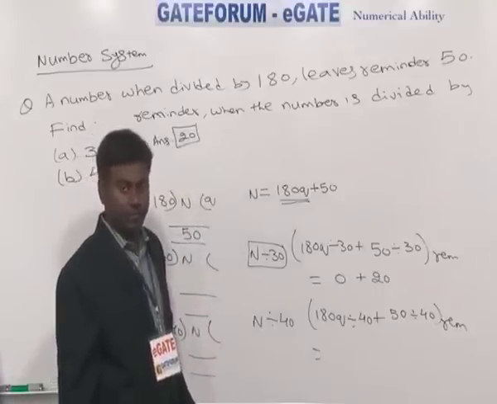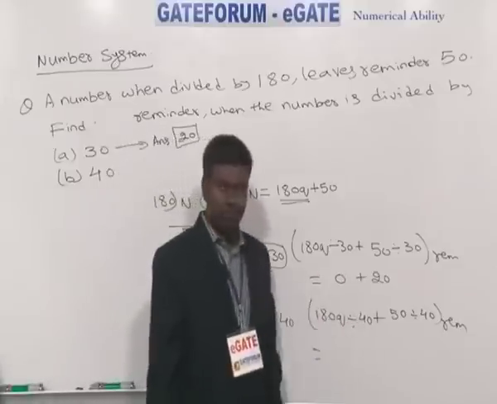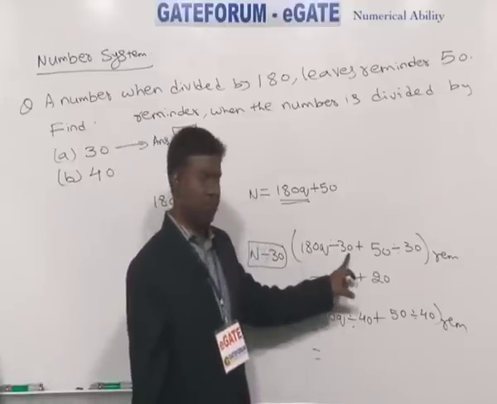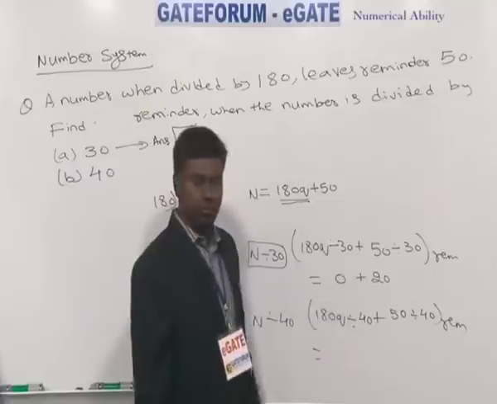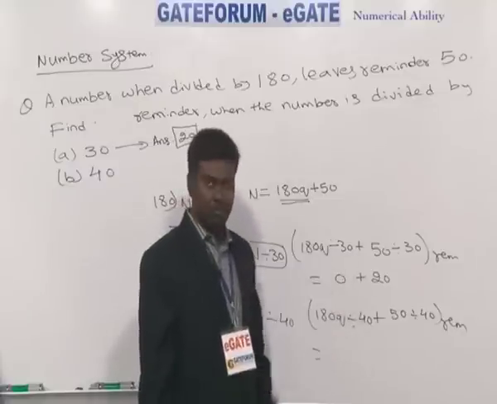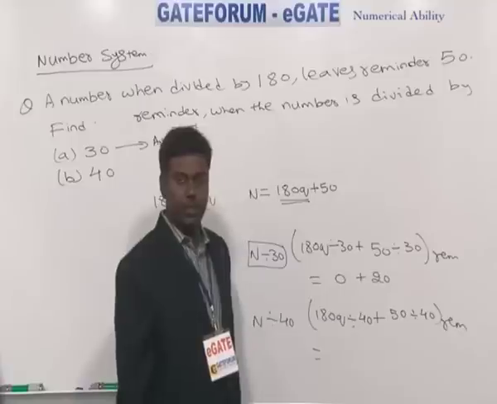Can't say. Why? 180 is not a multiple of 40. In the previous case, 180 was a multiple of 30, so we didn't bother about q. Here, it all depends on q.